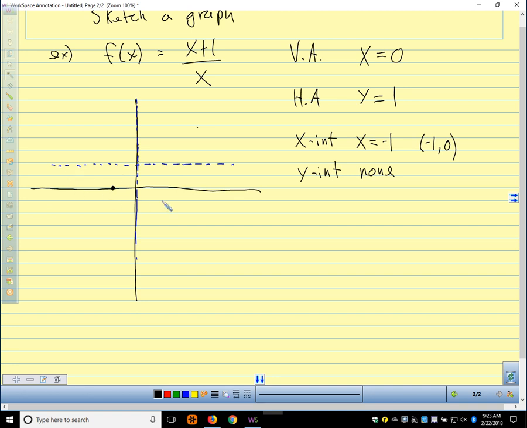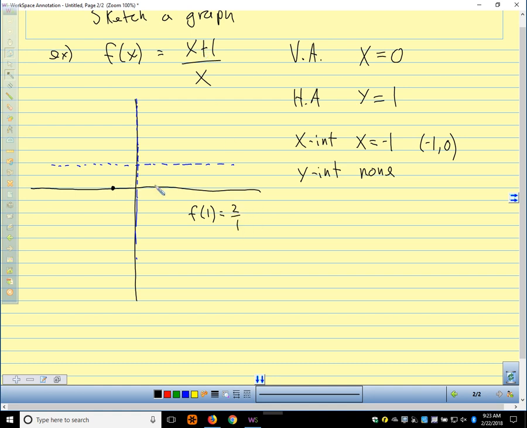So I'm just going to plot some points. Let's calculate f of 1. I'm going to plug in 1 here, and we get 2 over 1.